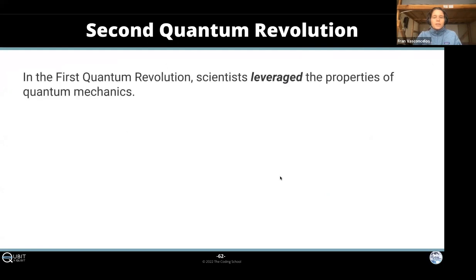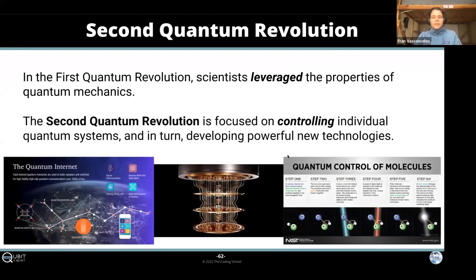Now, the second quantum revolution is what we're going to call the more recent revolution in quantum, which is scientists actually leveraging the properties of quantum mechanics, and really focusing on controlling individual quantum systems to develop powerful new technologies. Some examples of this include not only quantum computers, but there's been a lot of recent work on the quantum internet.